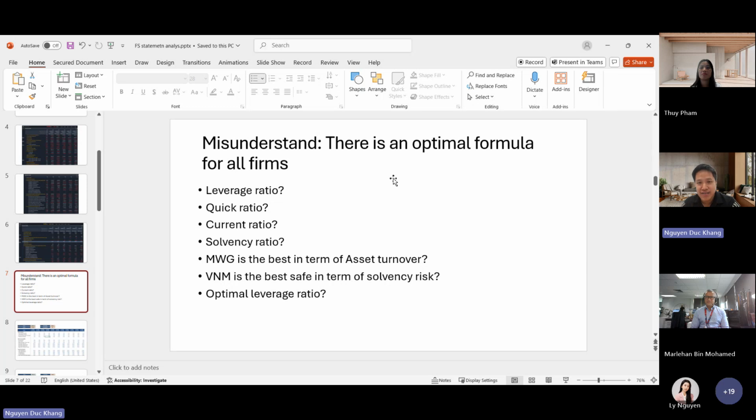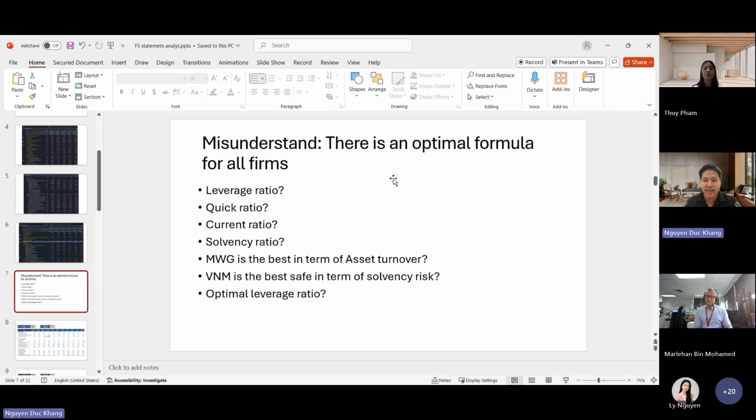And the second misunderstanding, I think, is that we often try to find an optimal formula for all firms. All of us have learned about some ratios, like the quick ratio or the solvency ratio. So what would be the most optimal leverage?